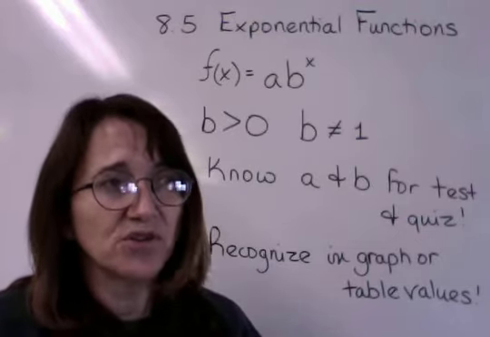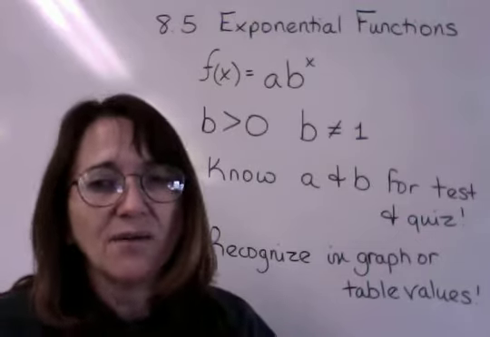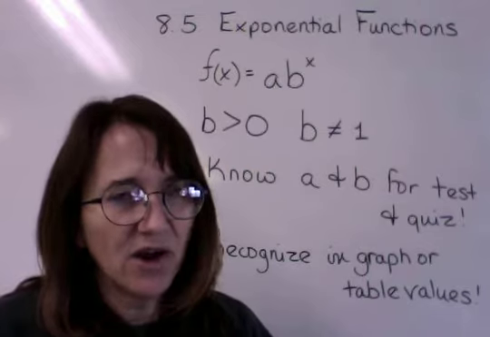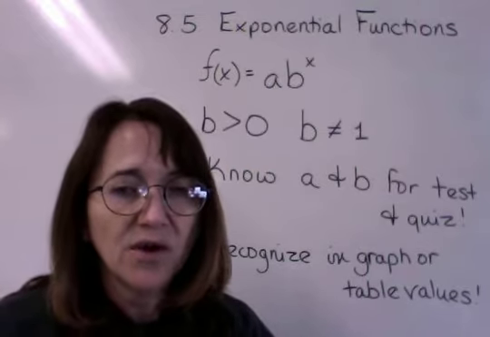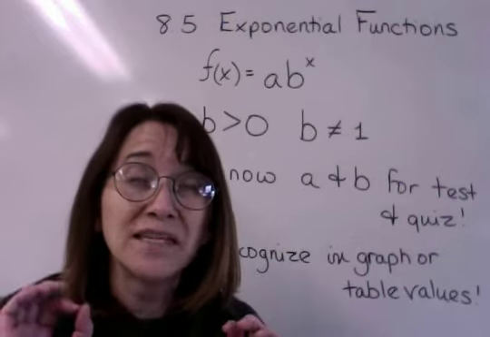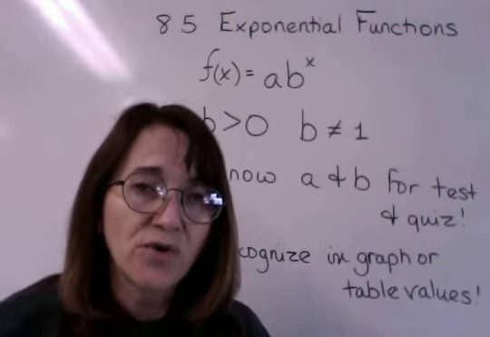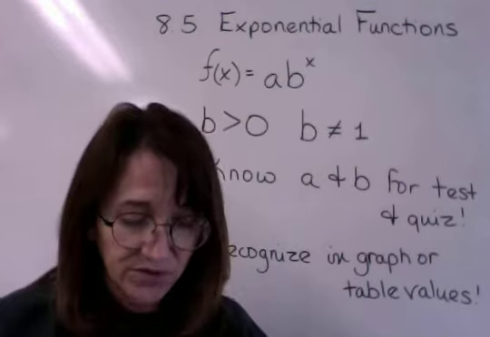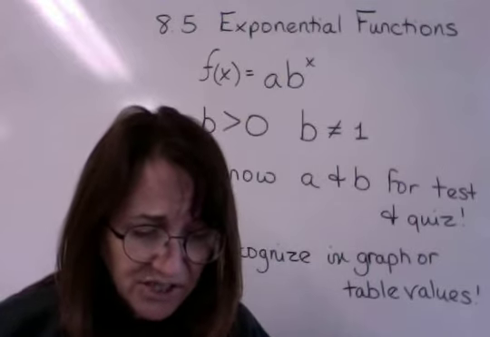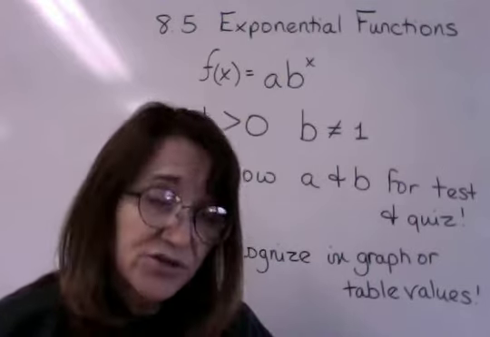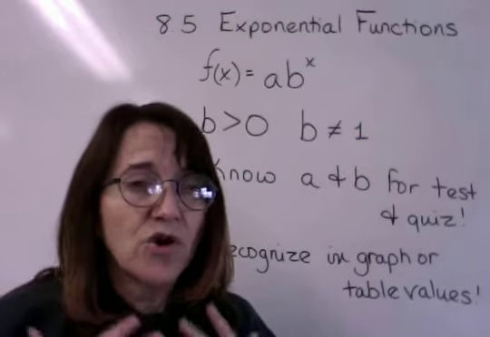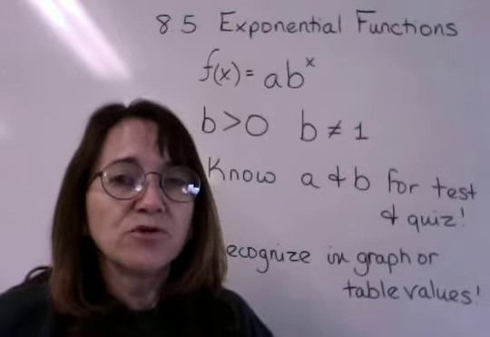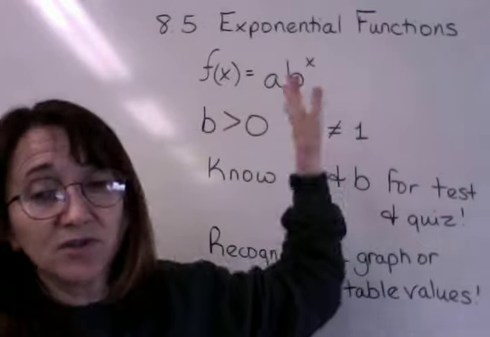Most of y'all could eyeball it and get those, but I don't want you to waste a lot of time doing stuff that you're not going to have to know for the test or the quiz, when they're just making you figure out what a graph looks like or what a graph is doing. What I do need you to focus on is recognizing a decrease and an increase, not from looking at the graph, but from looking at the actual exponential function.